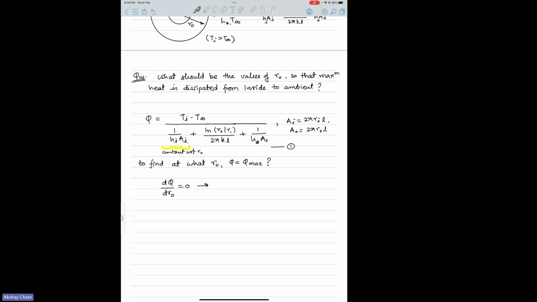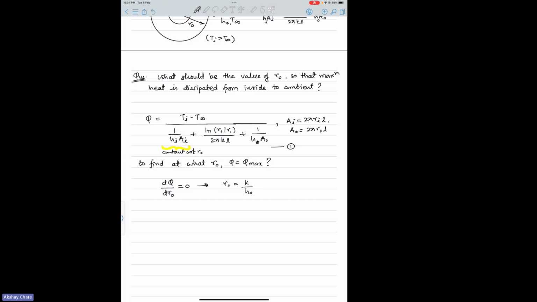So only these last two terms will participate in the differentiation. I'm not going into detail differentiation. It's not that difficult also. Basically, since you are taking differentiation of Q and Ti minus T infinity is constant, you are differentiating the denominator. You have to use the u by v rule of differentiation, and then you'll get the Ro value for Q max as K by Ho.